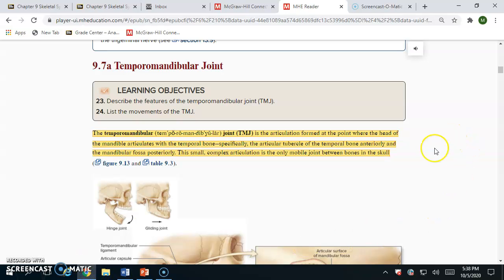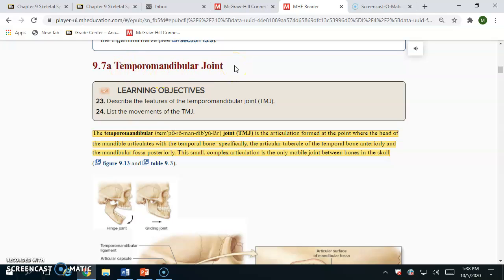What I'd like you to know about the temporomandibular joint is where this joint is located and what its anatomy is. You would want to know that this joint is formed by the mandibular fossa that is part of the temporal bone. That's why they have this term temporal in the name of this joint.